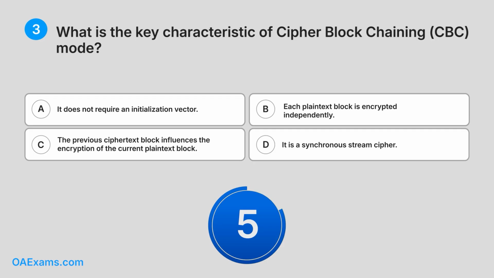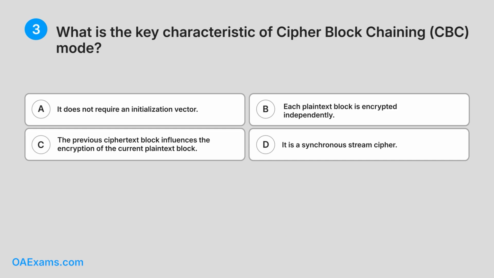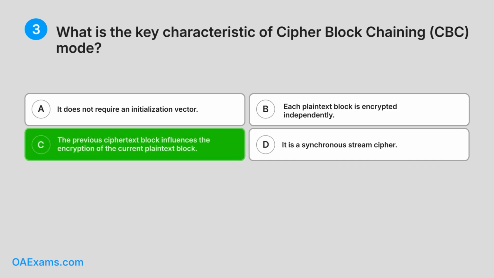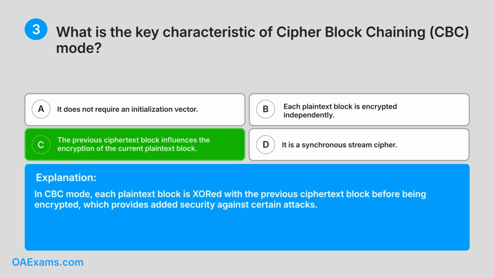Do you know the answer? Correct answer: C. Explanation: in CBC mode, each plaintext block is XORed with the previous ciphertext block before being encrypted, which provides added security against certain attacks.